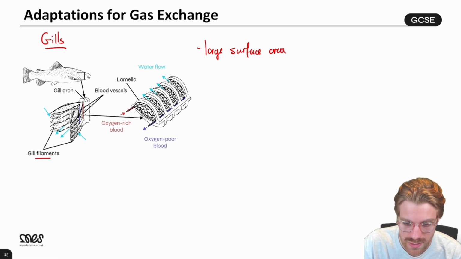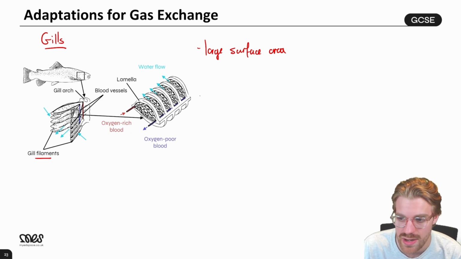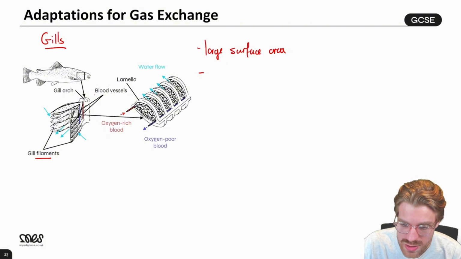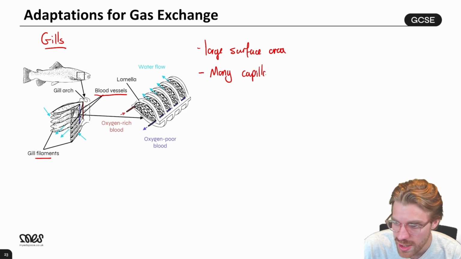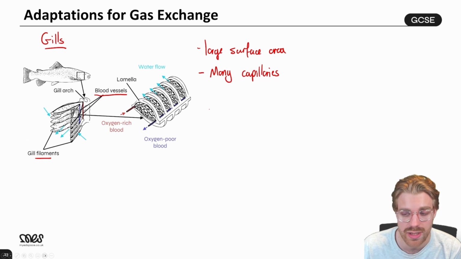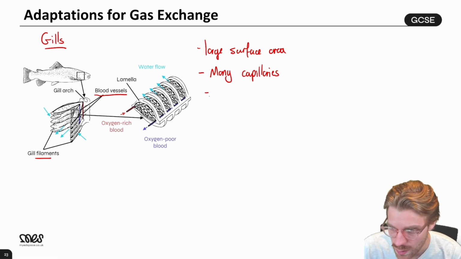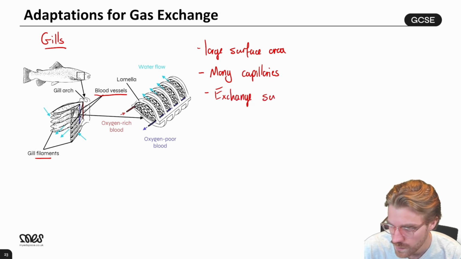Things like the gill filaments are going to increase that surface area. As well as having a large surface area, there are also lots of blood vessels within the gills. We could say there are many capillaries, or a rich blood supply, and that is to maintain the concentration gradient. And in addition to that, we could also say that the exchange surface, again, is 1 cell thick.